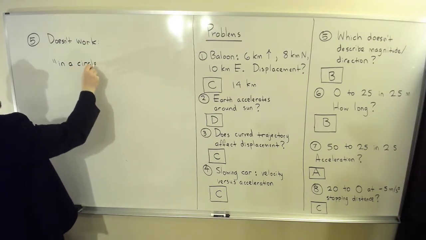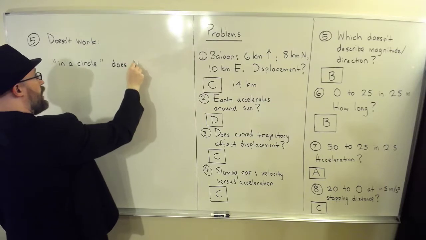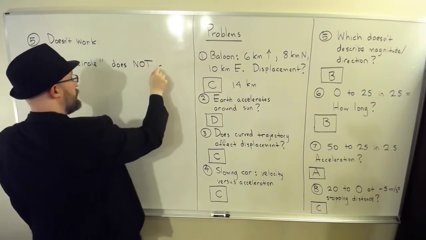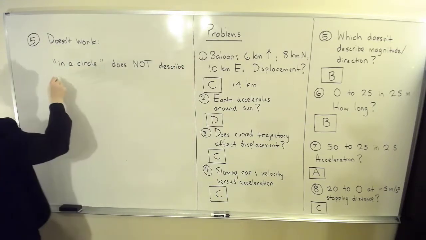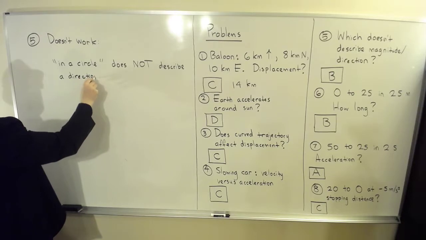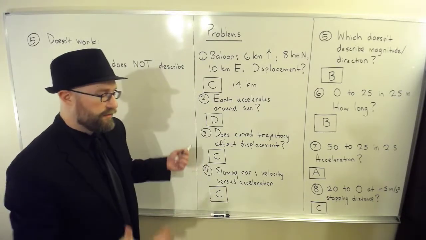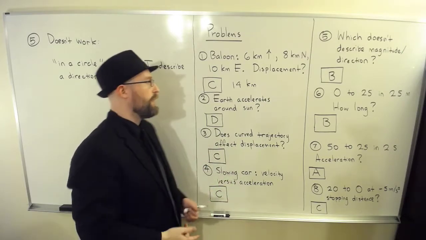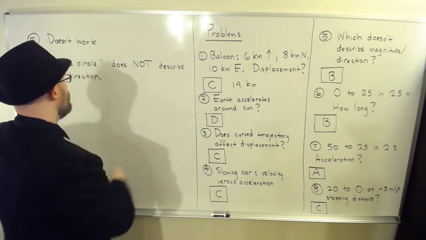So this is the problem, that the phrase in a circle does not describe a direction. See, the other directions they were using in that problem, like north or west or east or up or whatever, those are actual directions. In a circle isn't a direction.